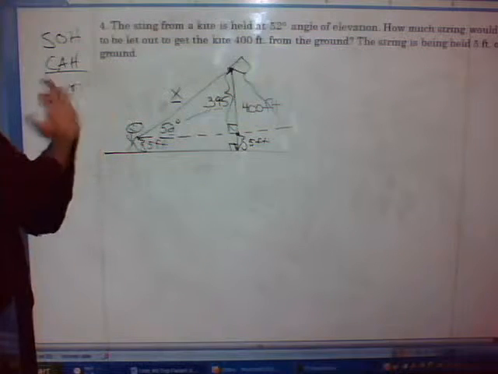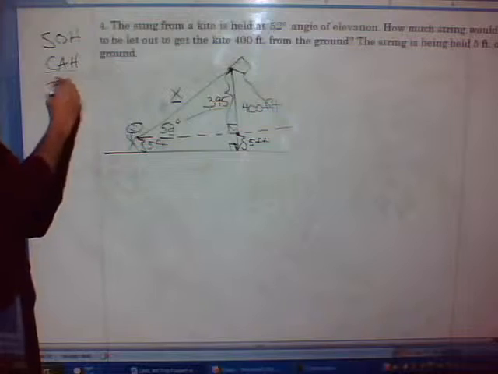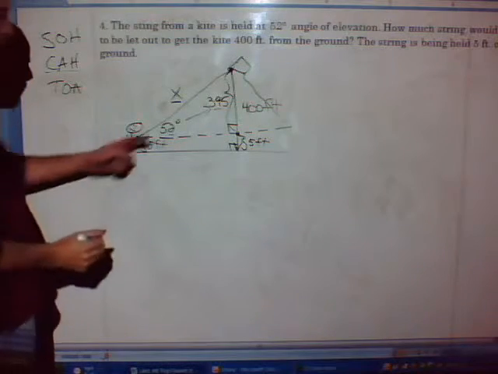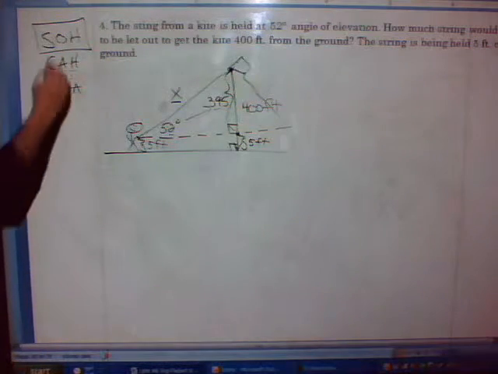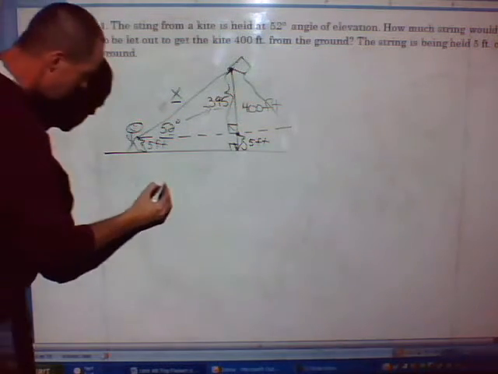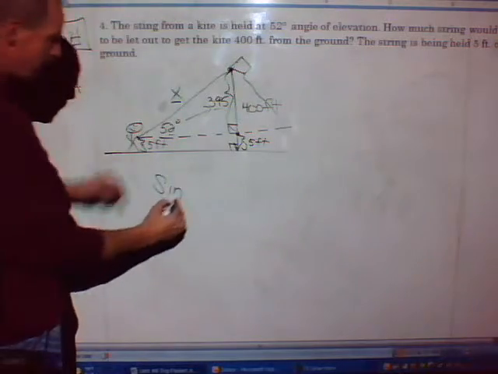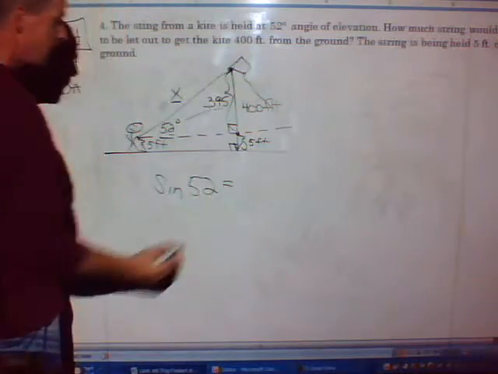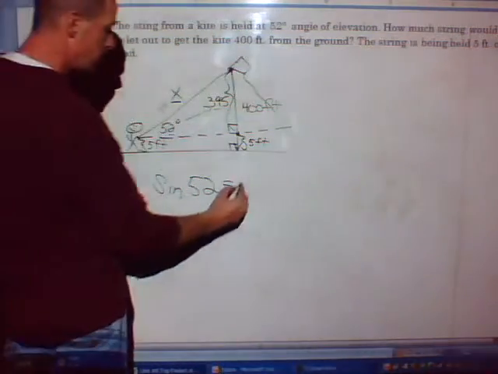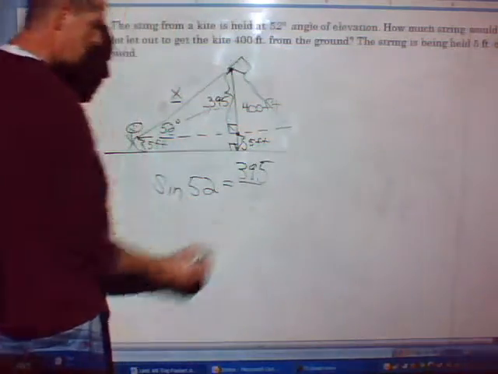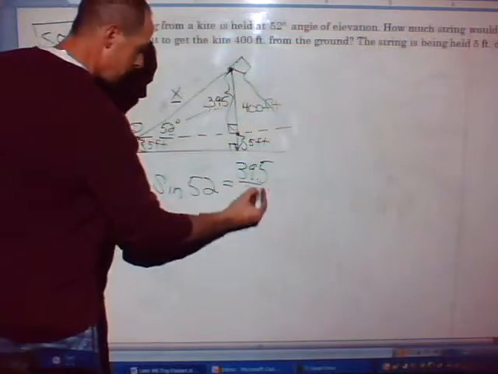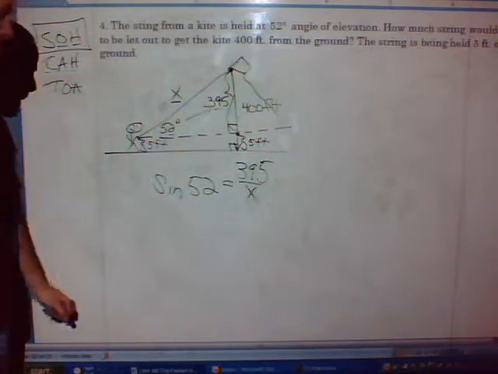We have, oops, no it's not. That was funny, wasn't it? We have opposite and hypotenuse, so that is sine. So we have the sine of our angle, 52, equals opposite, which is 395, divided by your string, which is your hypotenuse, x.